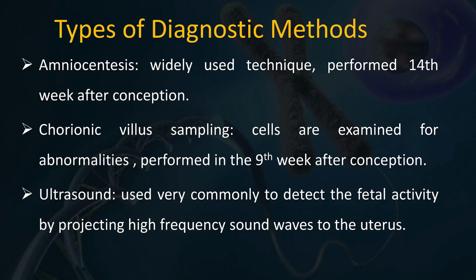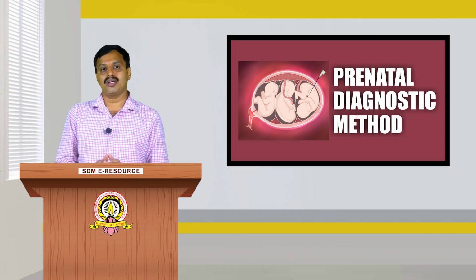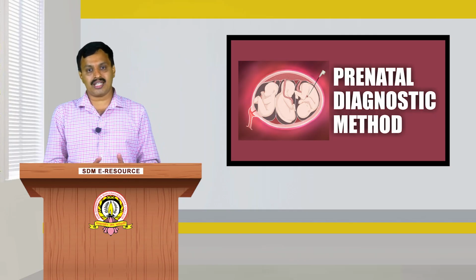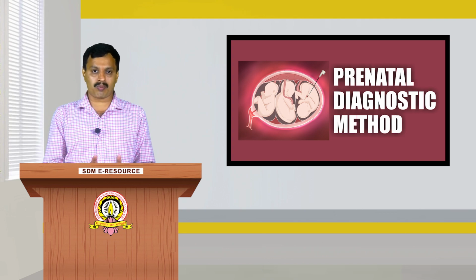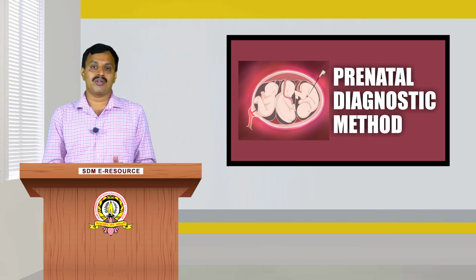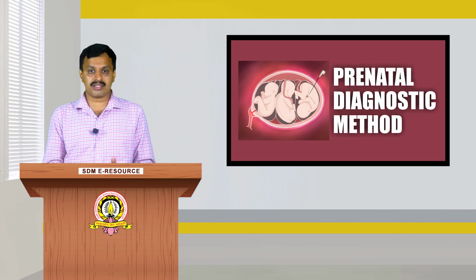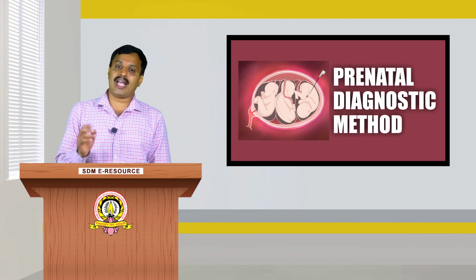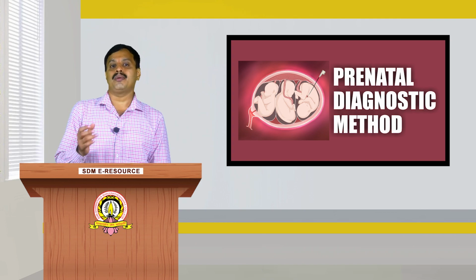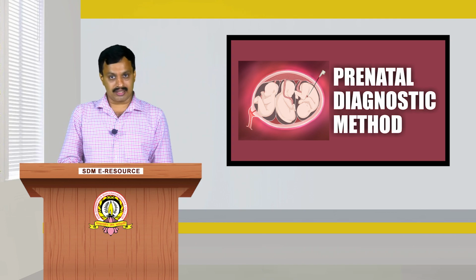Going to the next method, that is called ultrasound, very commonly used in most of the countries. Here the device used is high frequency sound which is projected over the uterus, and the video or the images of the fetal activity will be scanned and picturized on the screen.